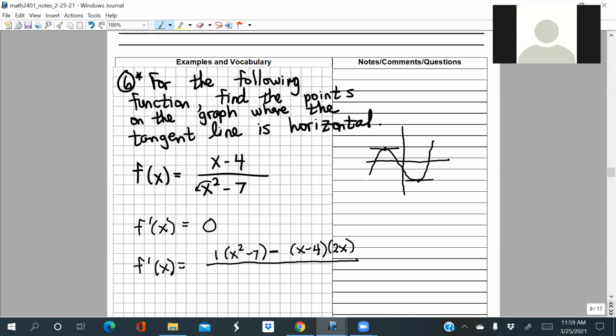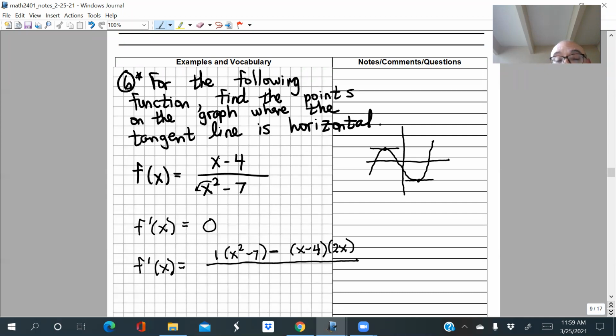Now, Jocelyn, in the quotient rule, do you remember what goes in the bottom of the quotient rule? What do you put in the bottom there? No, I wish it were 1. That would make our life easier, but unfortunately, it's not 1. It comes out more complicated than that, right?